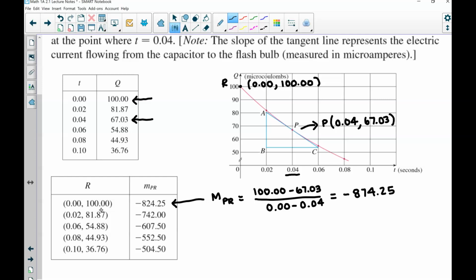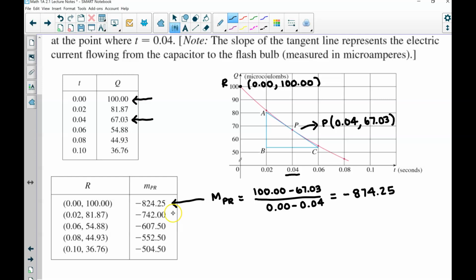Now we can continue to do that to find the slopes like we did in the previous example by using these other points to determine the slope for each one. The table at the left shows the results of those similar calculations for the slopes of the other secant lines. From this table, we would expect the slope of the tangent line at t equal to 0.04 to be somewhere in between negative 742 and negative 607.50.